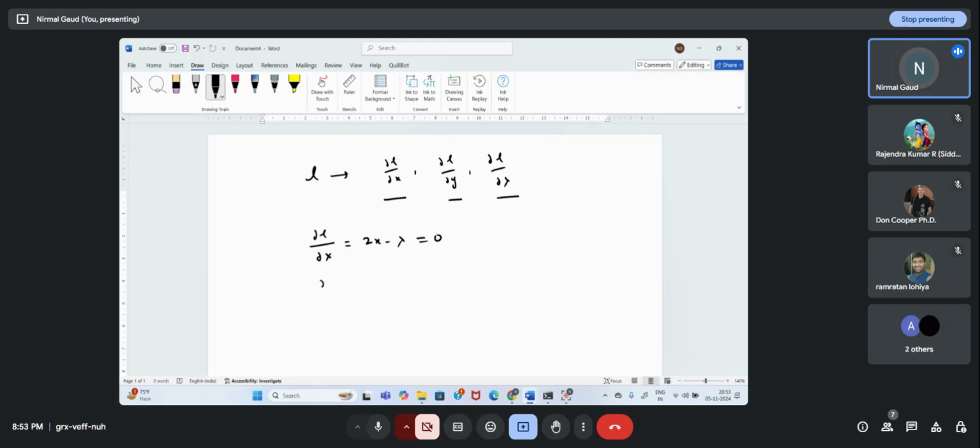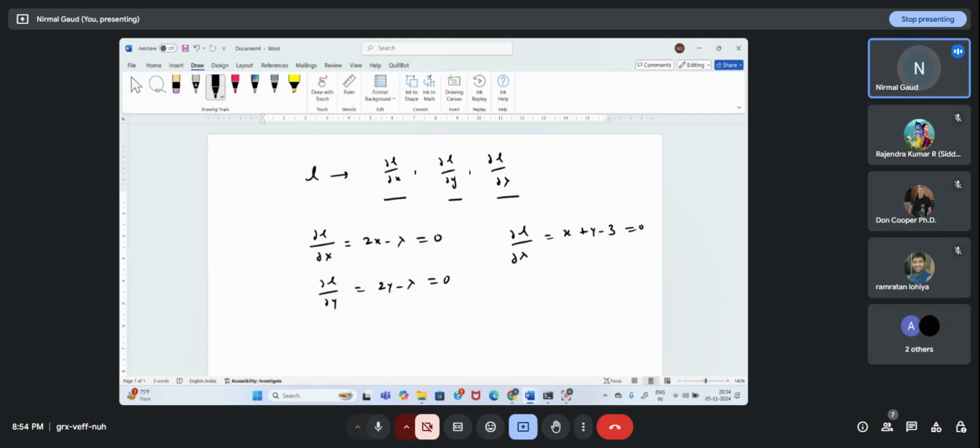Next, I can also perform del L by del y, that is coming 2y minus lambda. You can also put it to 0. And then I am getting del L by del lambda, that is equal to x plus y minus 3. I can put this also equal to 0.